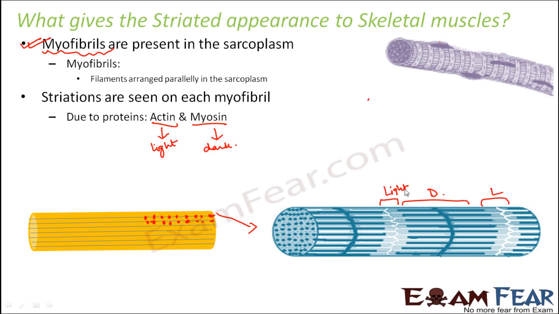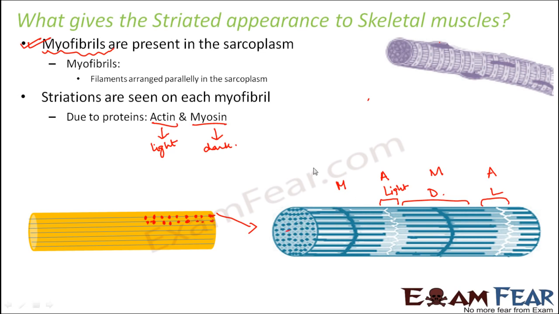So wherever you see light, that is due to actin. Wherever you see dark, that is due to myosin. These proteins are present alternately on each myofibril, and that is why it has a striated appearance. And since several myofibrils form the muscle fiber, the muscle fiber also gets a striated appearance.